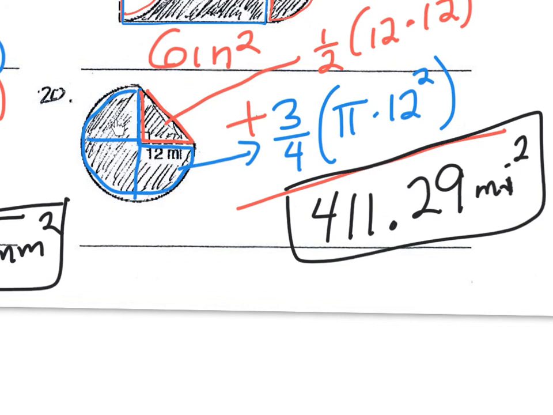And now if I just want to get 3 of these 4 parts, so I'm getting 3 of the 4 parts in the circle, 1, 2, 3, 4. 3/4 of the circle area is just the blue area right here. And then I got the area of the triangle, and that was 1/2 times 12 times 12. And then I just added those two, and that's the total area, which is 411.29. That's one way of doing that problem.